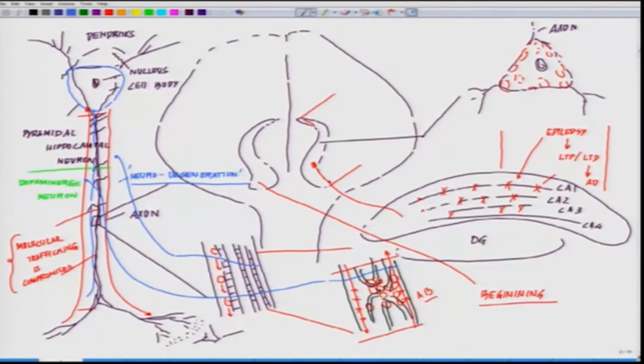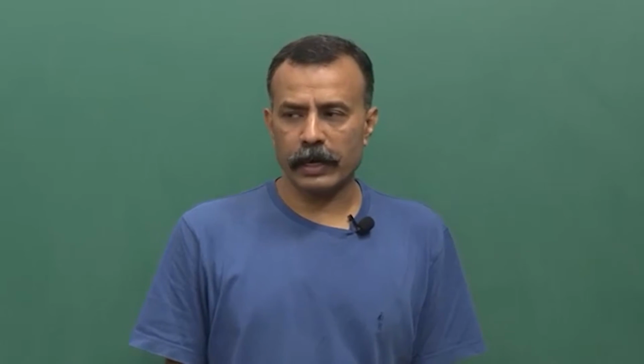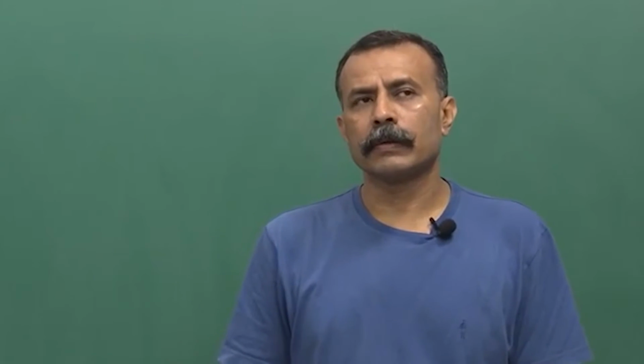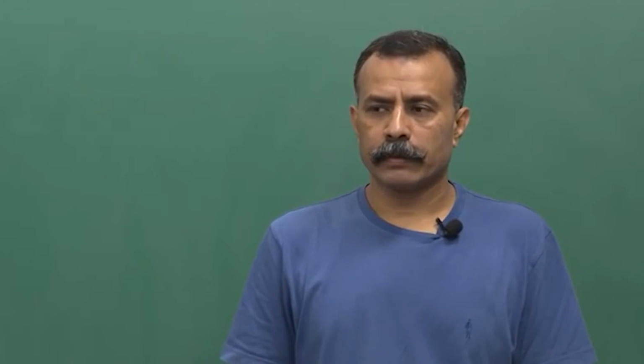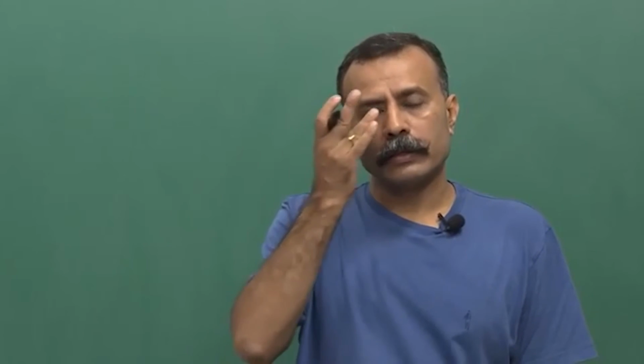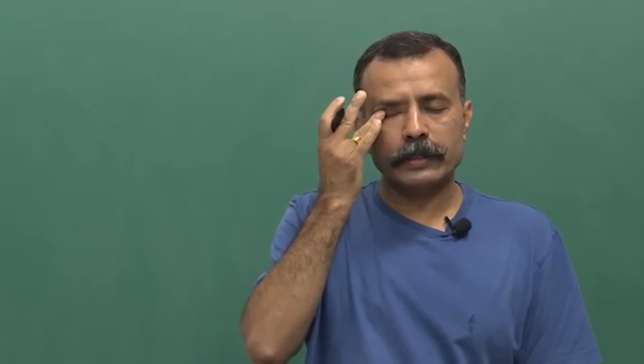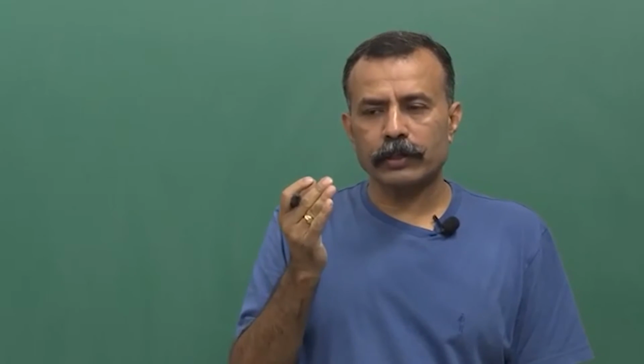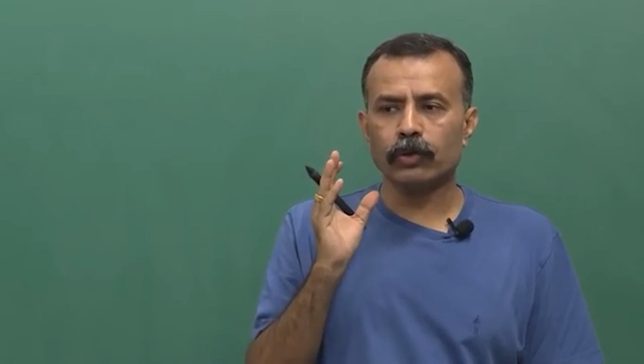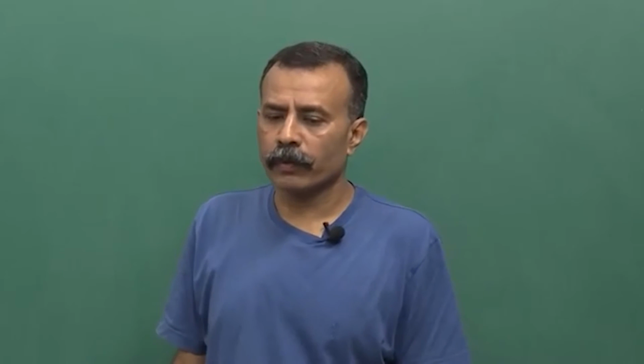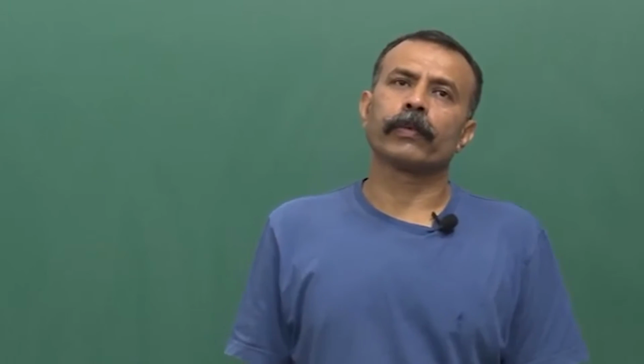Why does it happen at a particular age, and what is the genesis? Is it genetics, or is it physiology, or is it both, or is it environment? We really do not know.